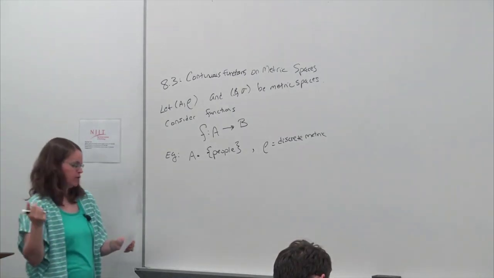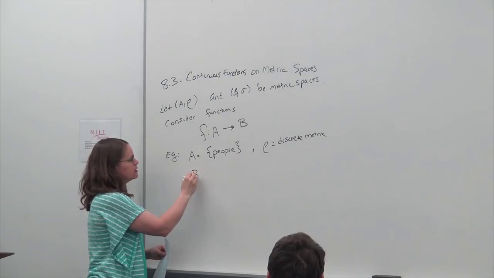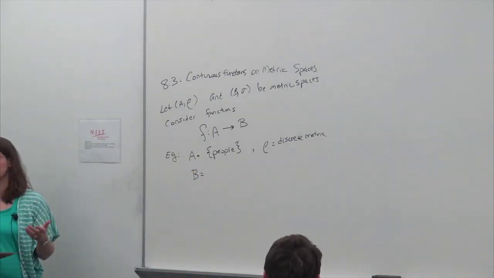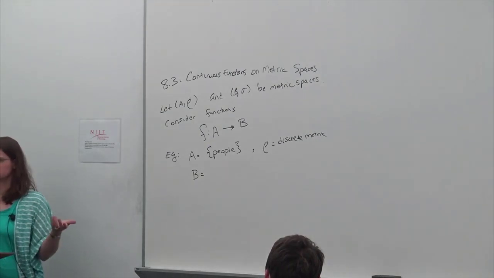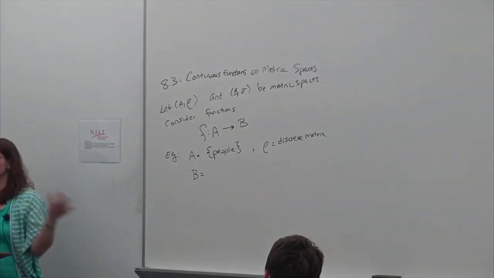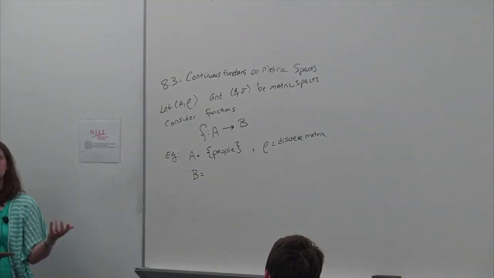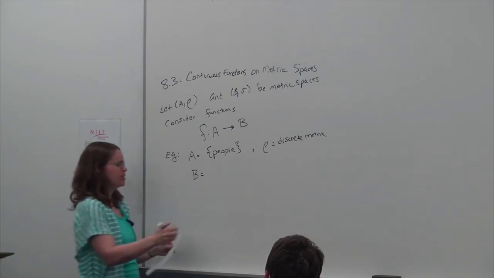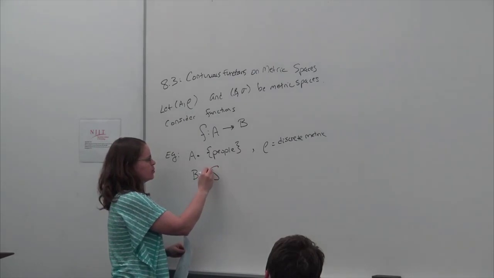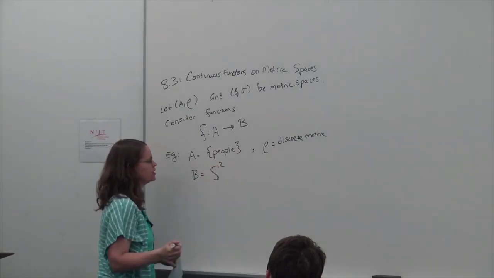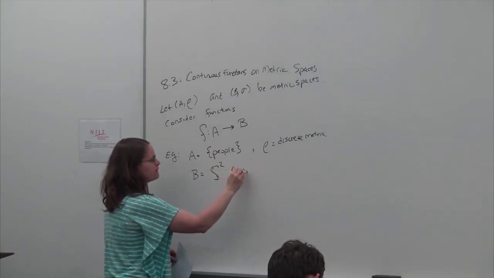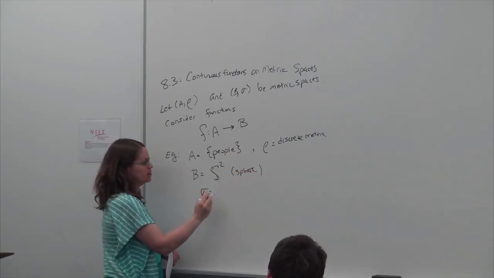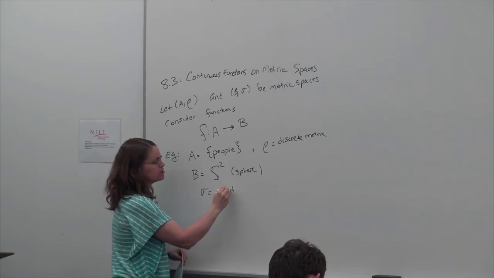Okay, and maybe, for example, B is the set of points on the sphere, so you're on Earth somewhere, which is basically a sphere, so we figure out your latitude and longitude and locate you that way. So B maybe is points on the sphere. And maybe sigma is the geodesic distance on the sphere.